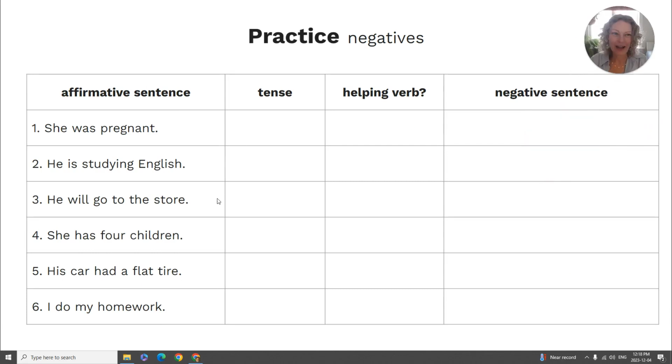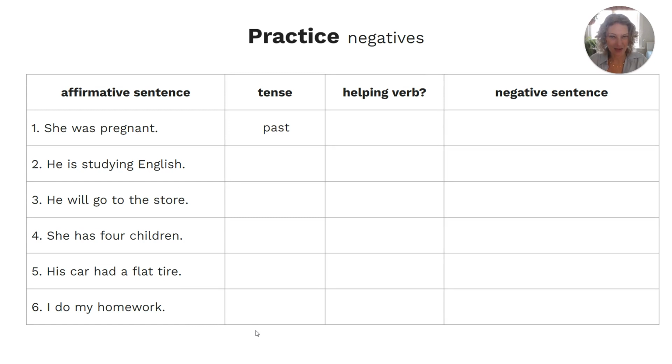So let's practice what we've learned here. Let's form negative sentences from these affirmative sentences. So affirmative means positive. Number 1, she was pregnant. First of all, let's decide what is the tense. So the tense for was, that means it's past tense, right?